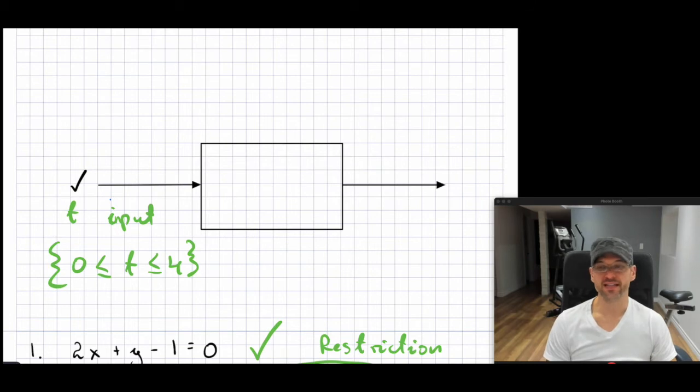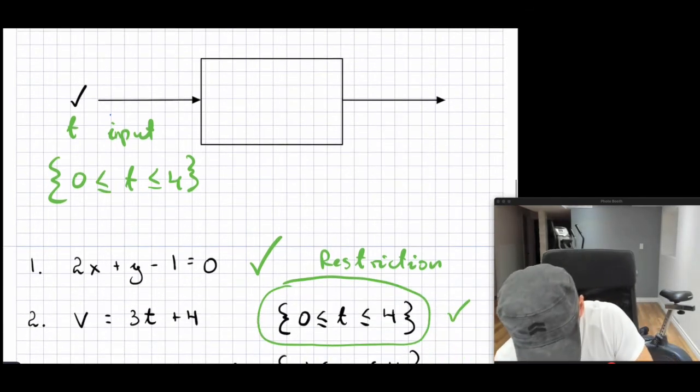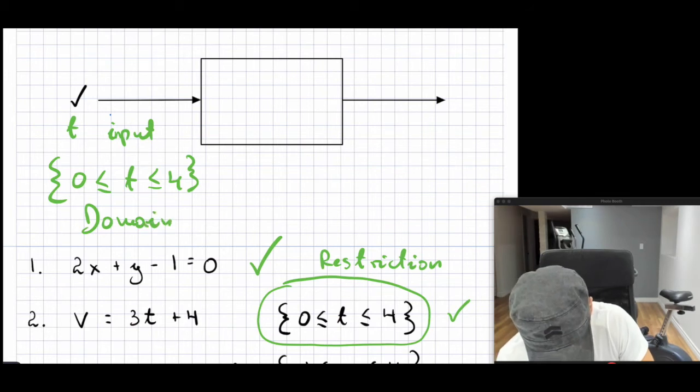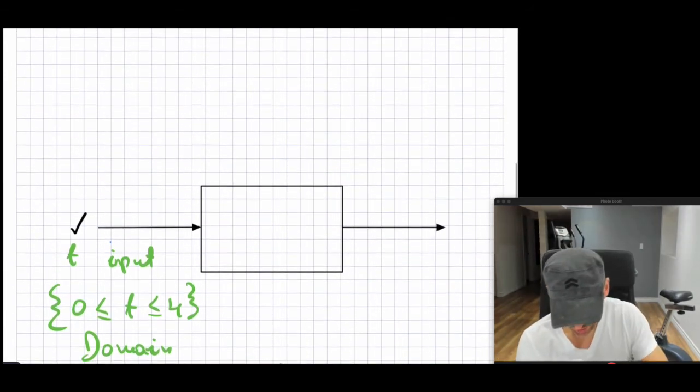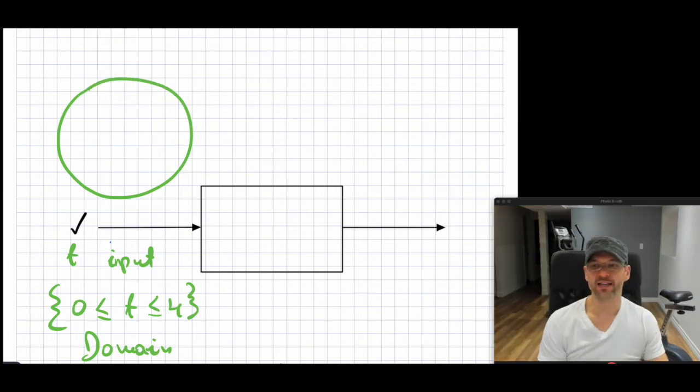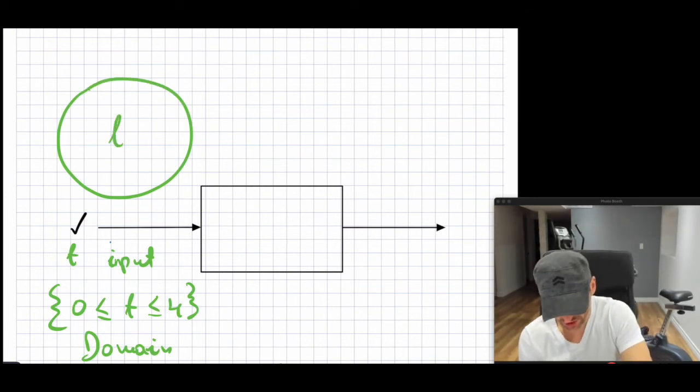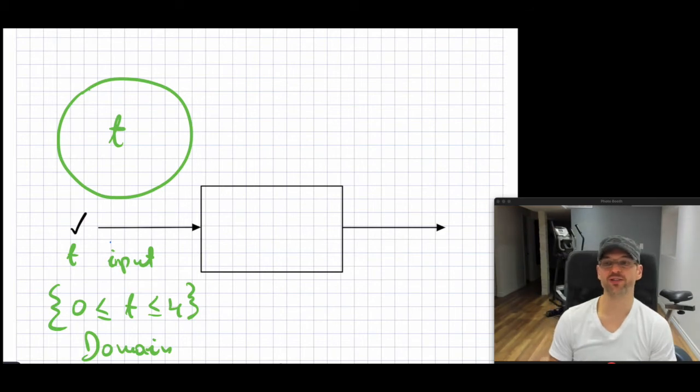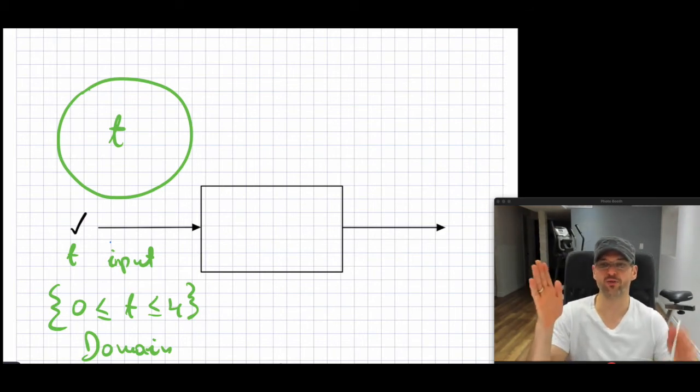And what that does is it creates something called a domain. So you have a domain, and it is a set. In that set, t is being restricted. It is being restricted to only live between 0 and 4. It cannot go above that.